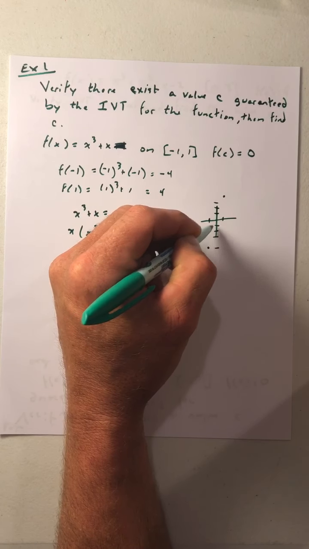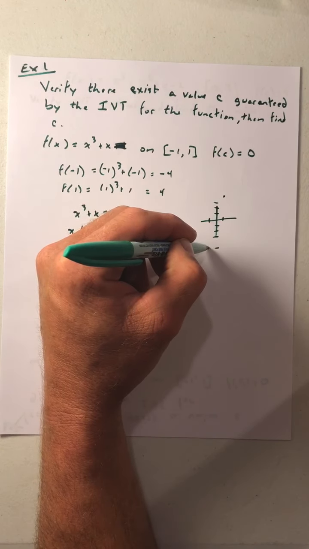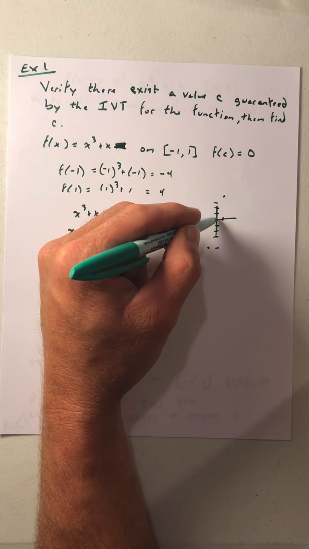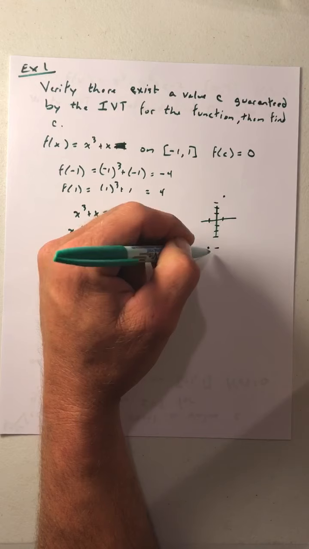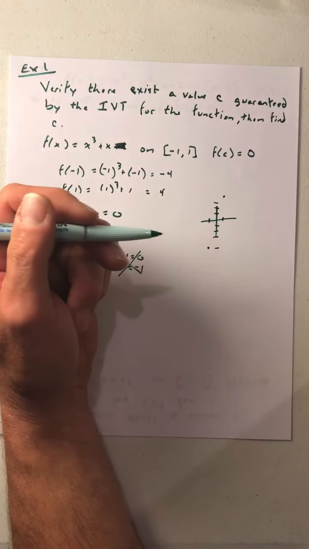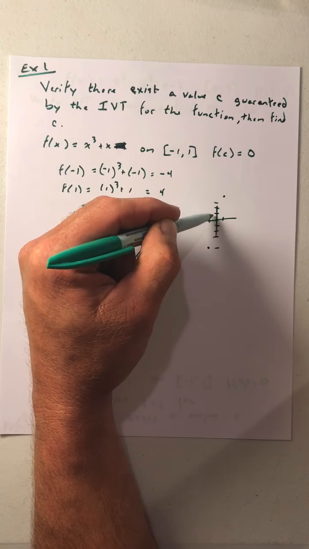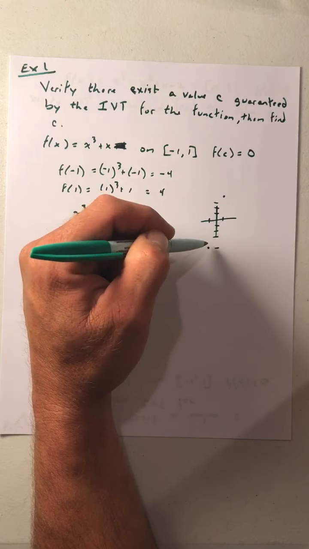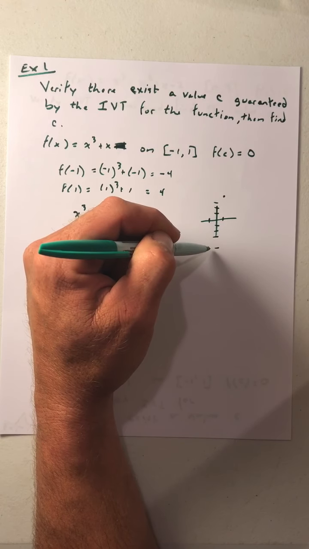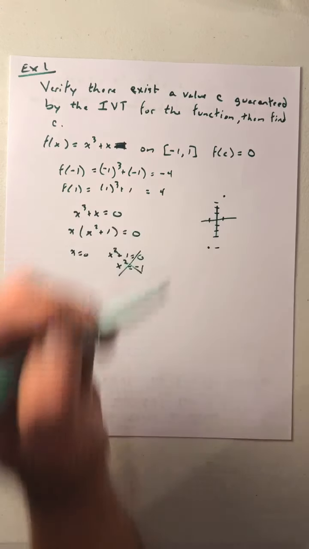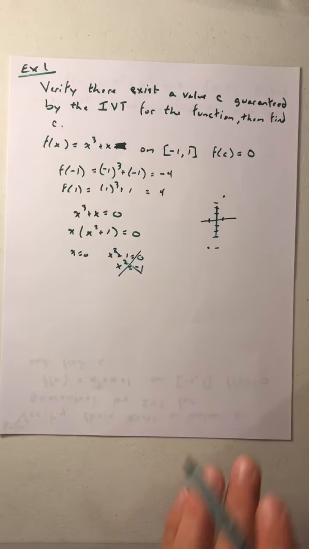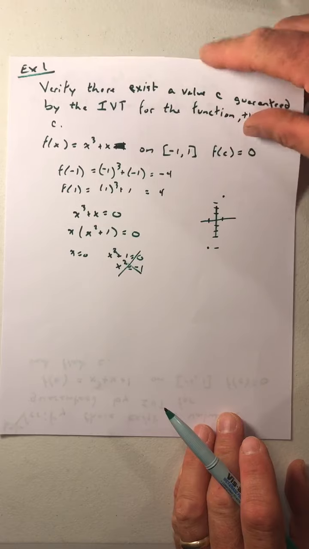So if it's a continuous function, this function has to go through 0 somewhere between these 2 points. It could go through a million times if we don't know what the function looks like. But we know there's at least one value where there's going to be a 0, and we found that here at x equals 0.